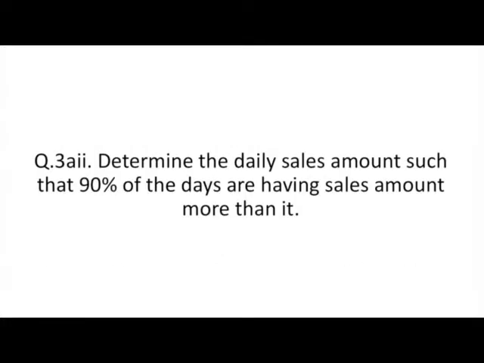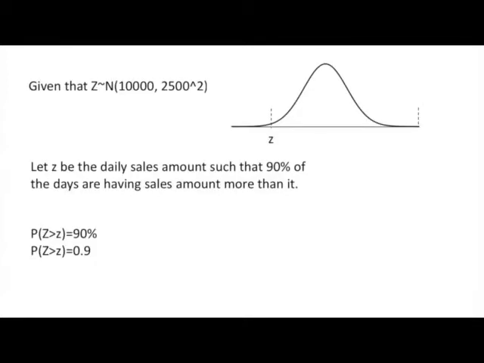Question 3A2. Determine the daily sales amount such that 90% of the days are having sales amount more than it. It is given that X is normally distributed with mean equals to 10,000 and variance equals to 2,500 squared. Let x be the daily sales amount such that 90% of the days are having sales amount more than it.